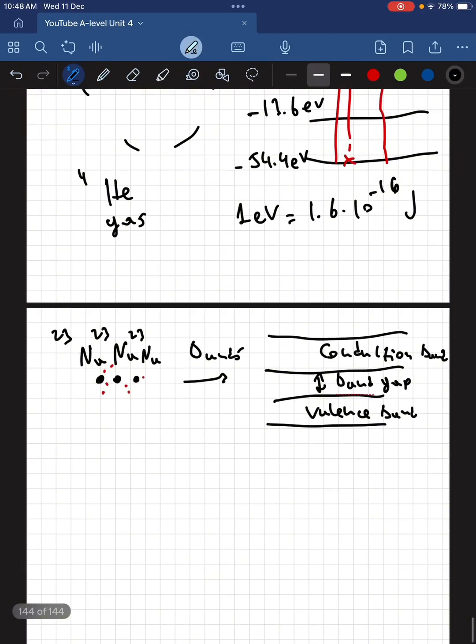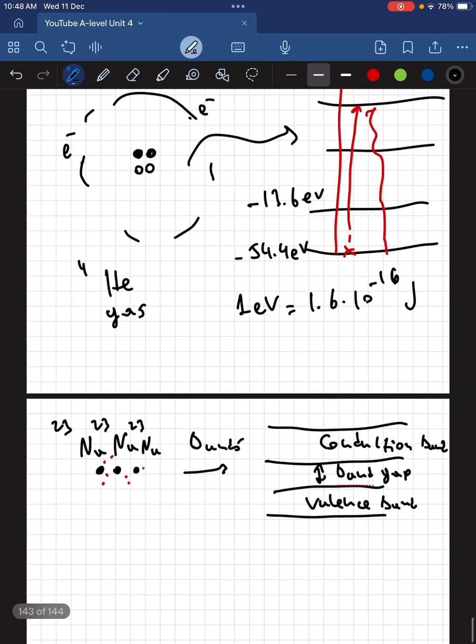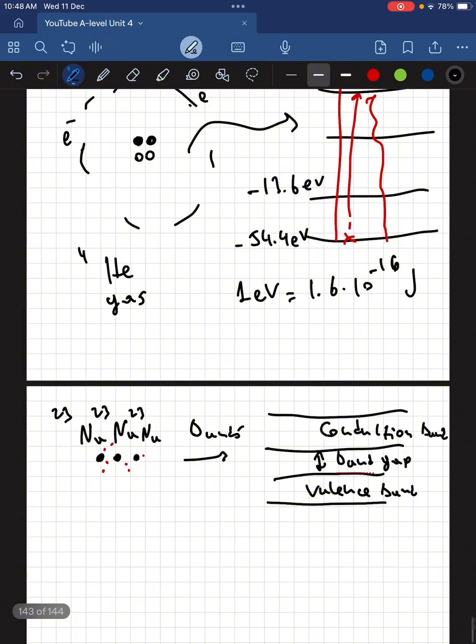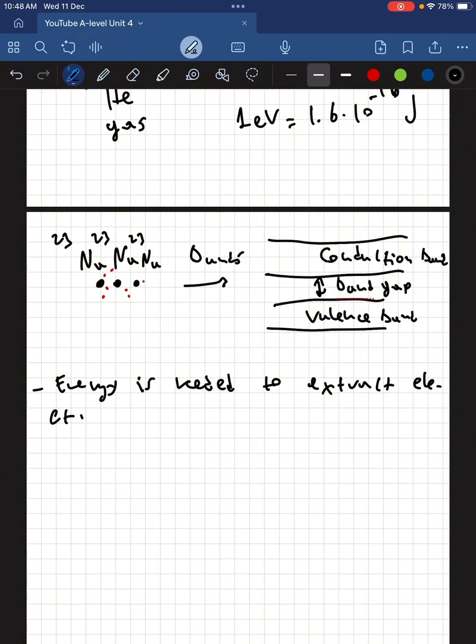Okay, so the key point here is that you have to give the electron some energy to escape an atom, either in a gas or in a solid. So I'm gonna write this down. So energy is needed to extract electrons from atoms.